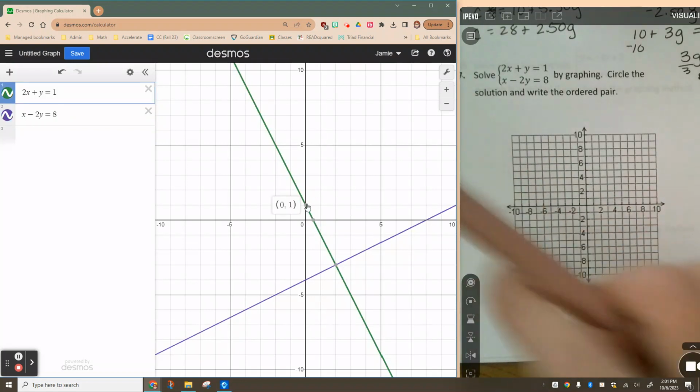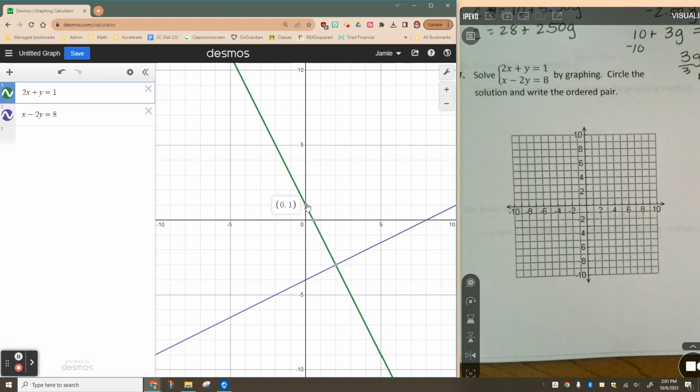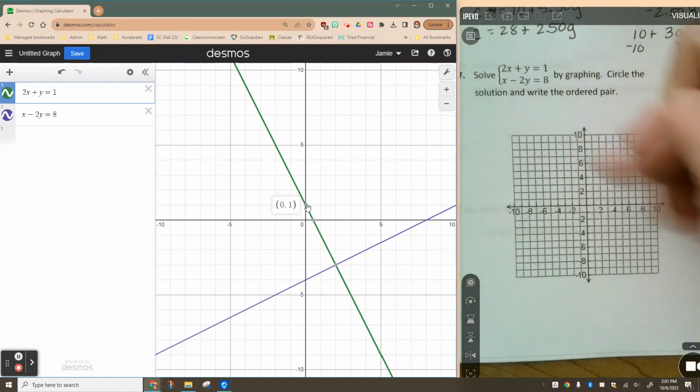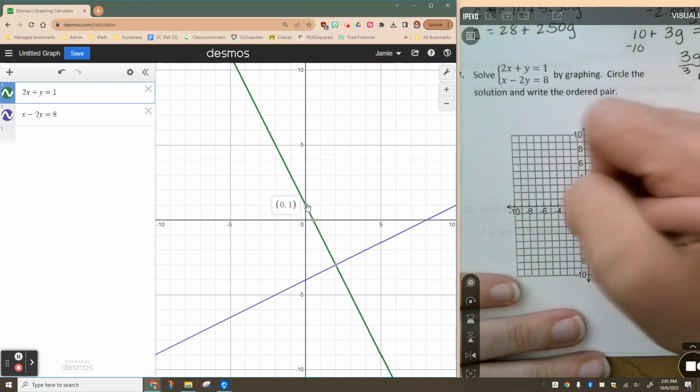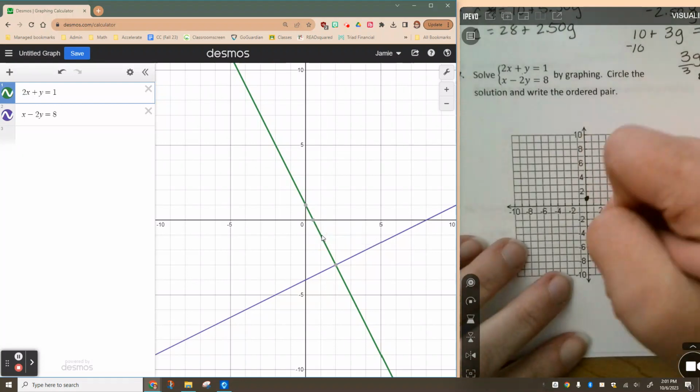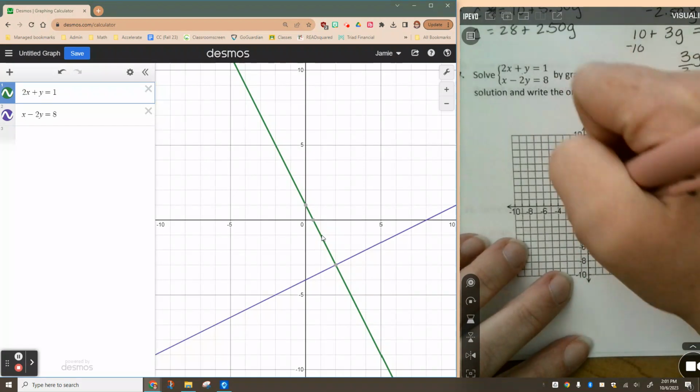All right, so I'm going to just come over here and graph them to the side. So if we look, our green line, which is this first one, we start at +1, so 0, 1. And my slope looks to be down 2 across 1. Is that right? Yep. 1, -1, so right here.